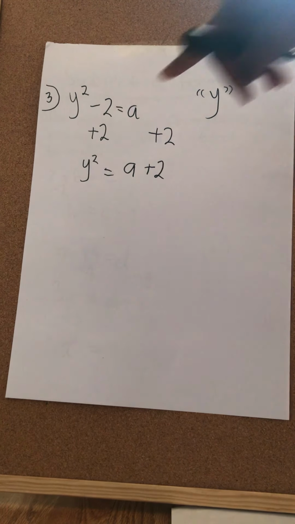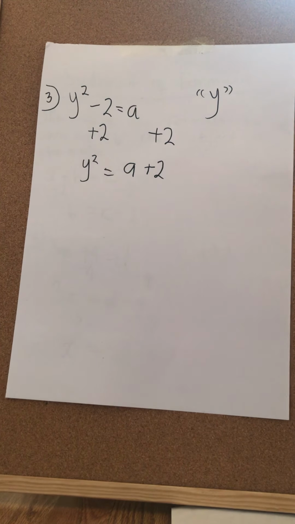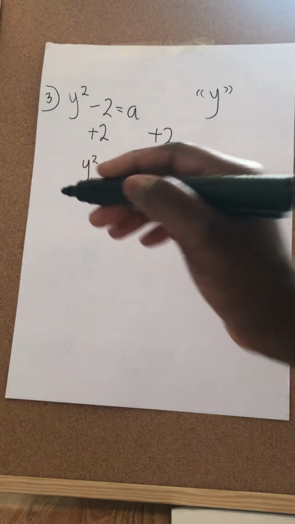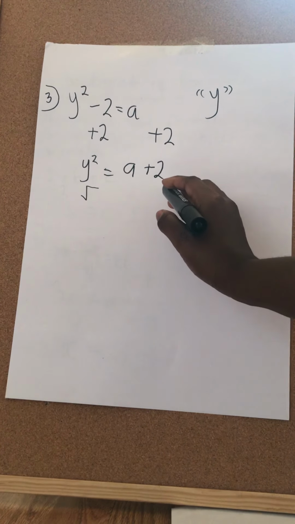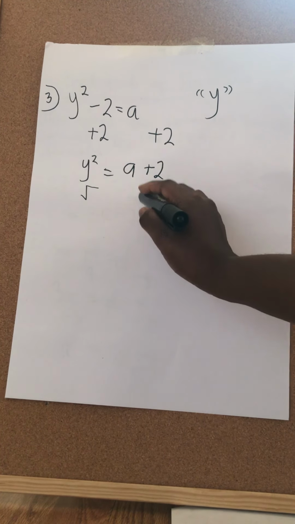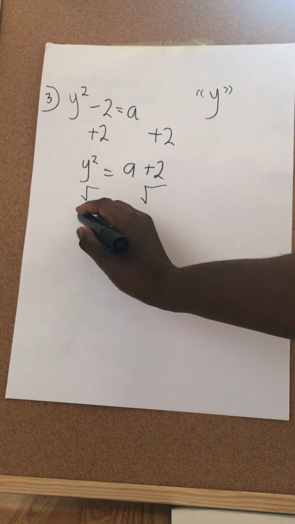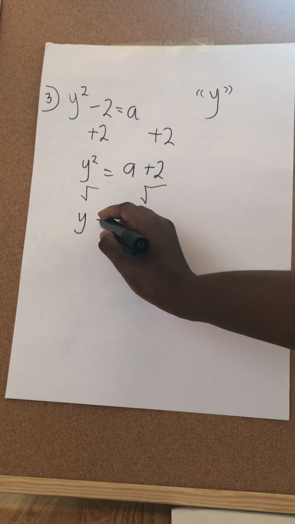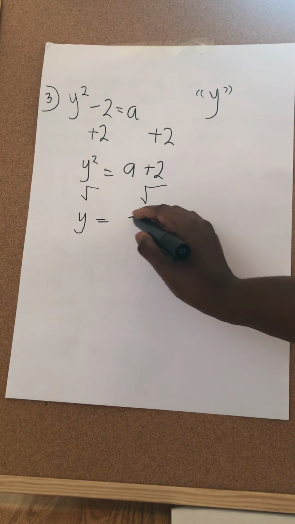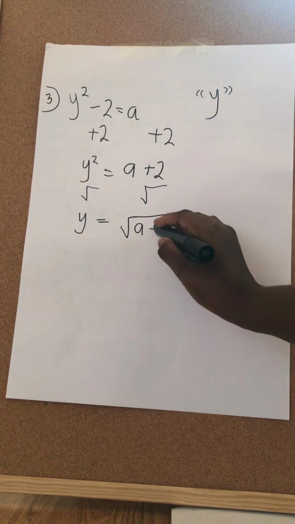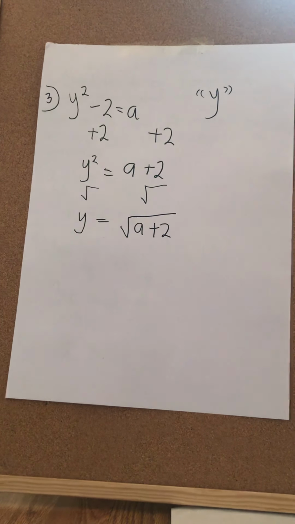How do I get rid of the square? You do the inverse of the square. Inverse of the square is square root. So I'm going to take the square root of the y squared and then square root of the a plus 2. So my answer will be y is equal to square root of a plus 2. That's my answer.